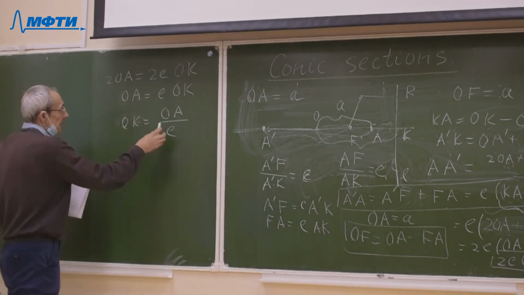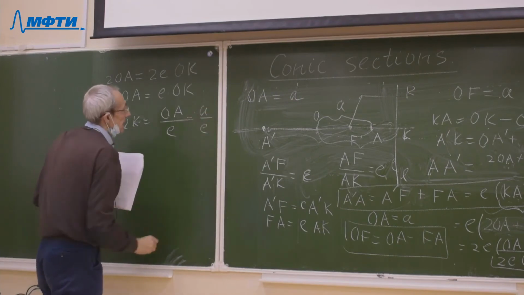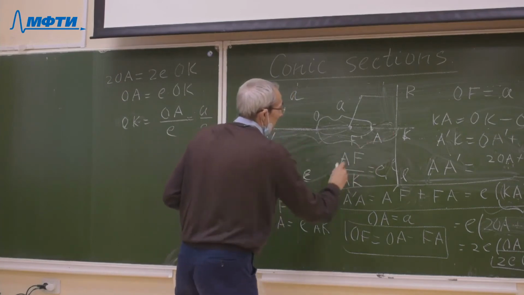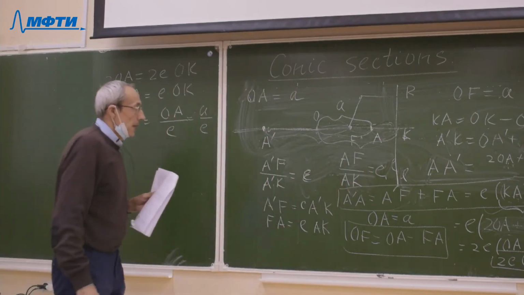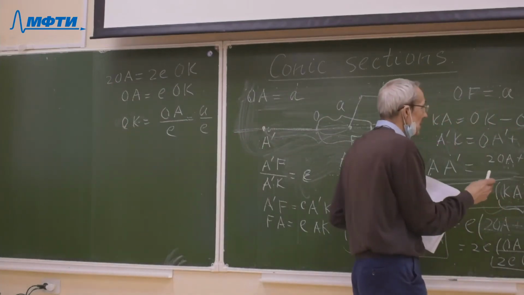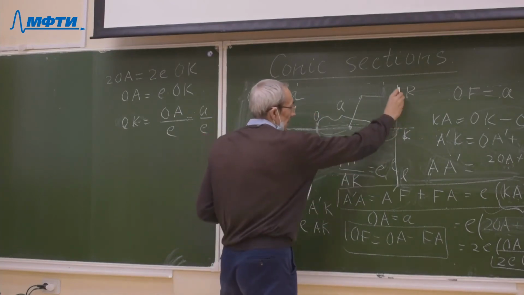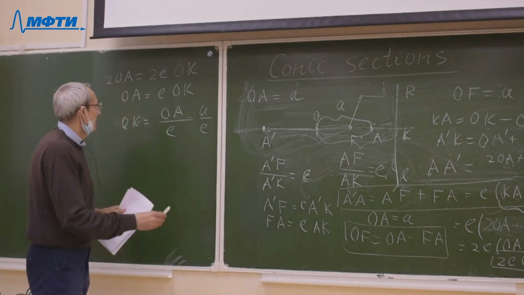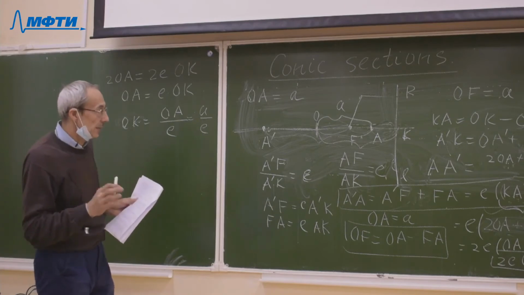And after that, we obtain that OK is equal a, the ratio a to e. And first step, we express the distance between point O and our fixed straight line as the ratio a to e, the first step.